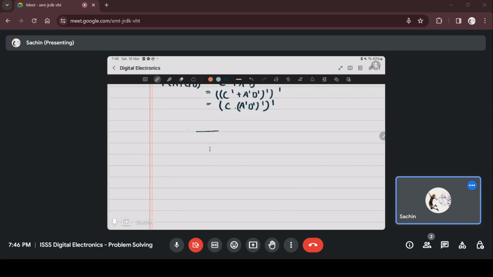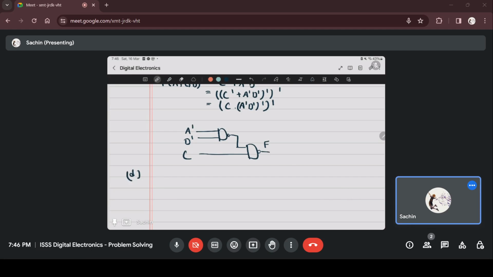Now you can get A prime D prime complement through one NAND gate and C times A prime D prime complement, the whole complement, through another NAND gate. That's the two-level implementation of the circuit.